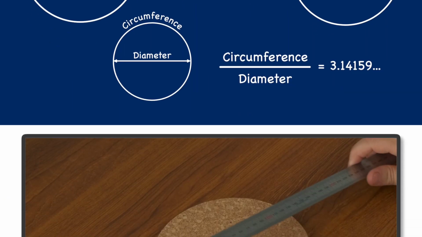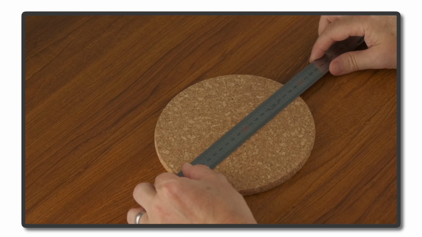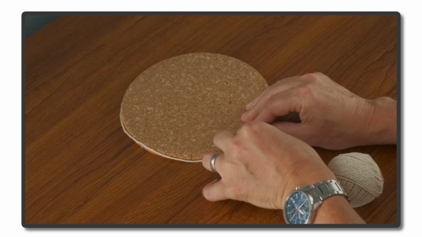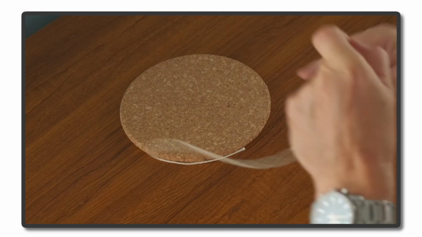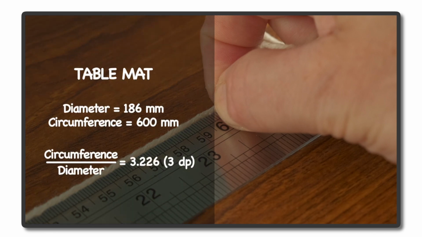You can find an approximation for pi by taking any circular object, measuring its diameter, and then using a piece of string, measure its circumference. You then divide the circumference by the diameter, and there's your approximation.